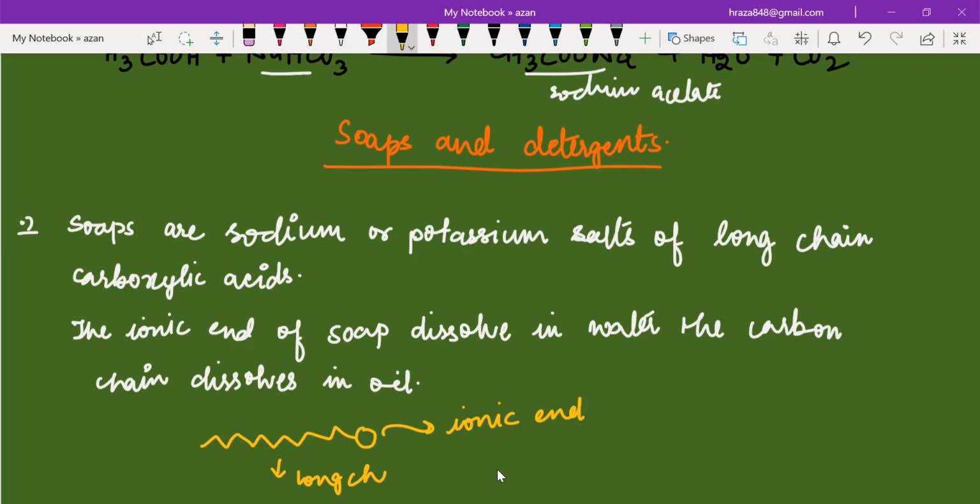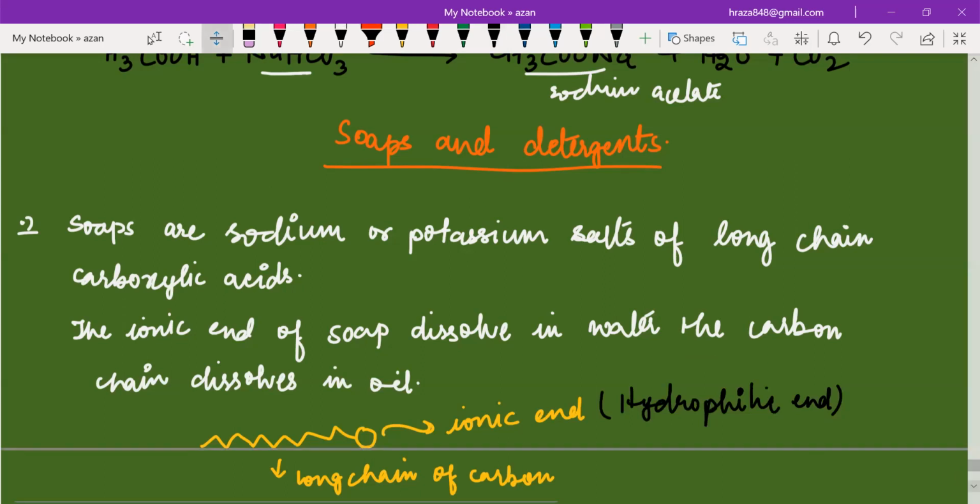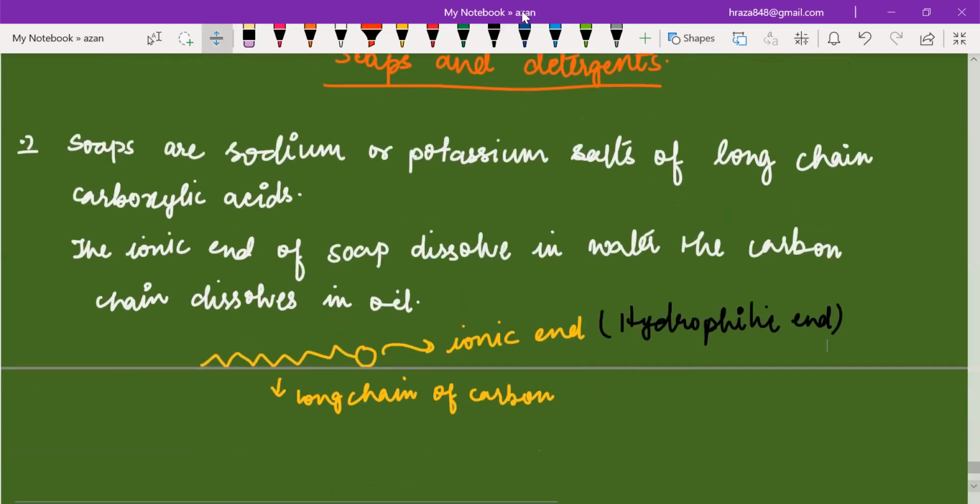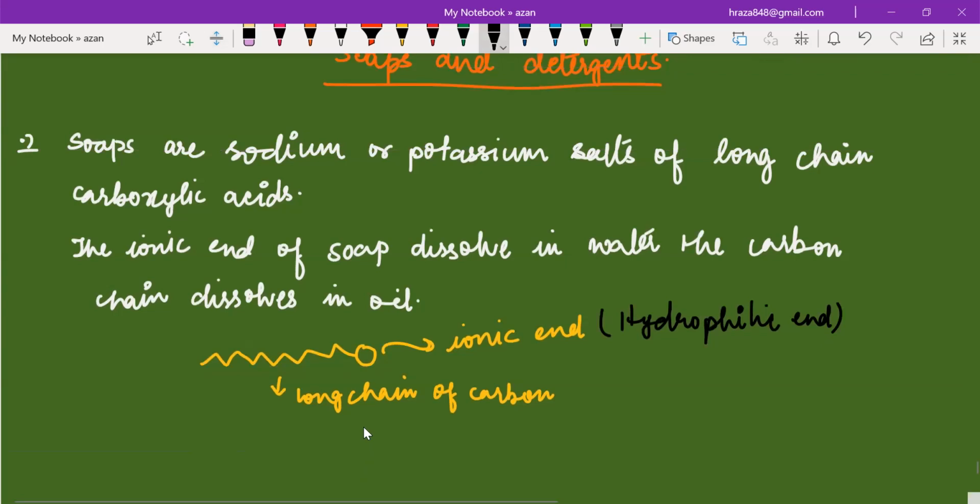of carbon. This ionic end is hydrophilic, that means it is the water attracting part. The long chain carbon is the hydrophobic end, that means it repels water.